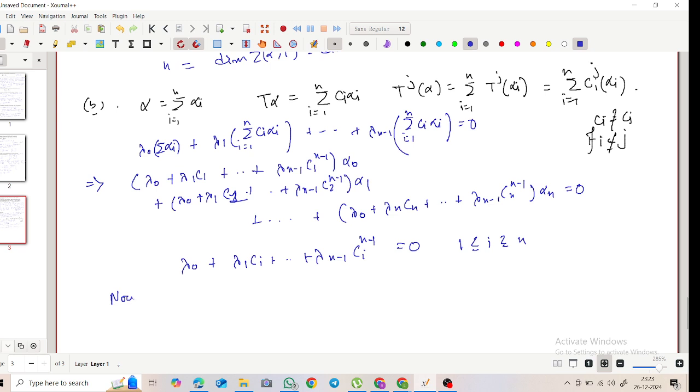Now this means that the polynomial lambda 0 plus lambda 1 x up to lambda n minus 1 x to the power n minus 1 has n distinct roots, because every ci is a distinct root.